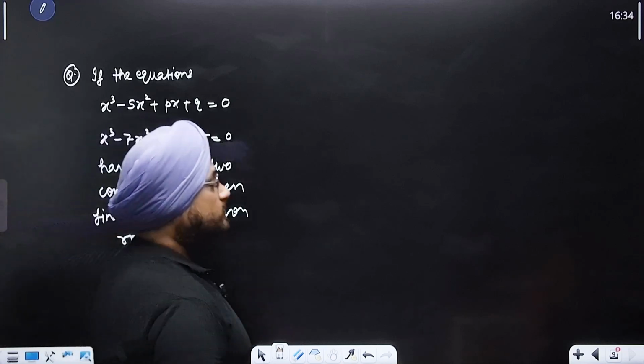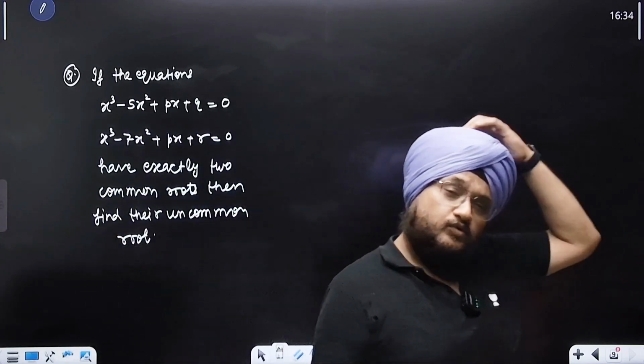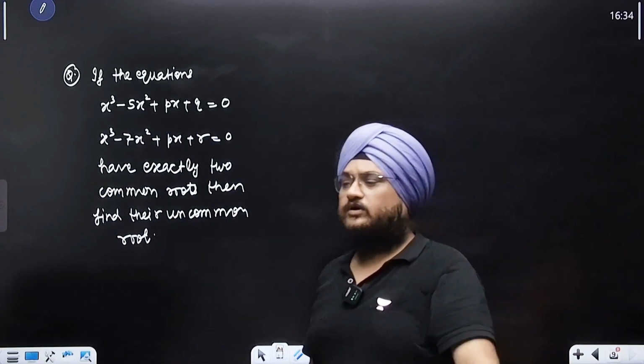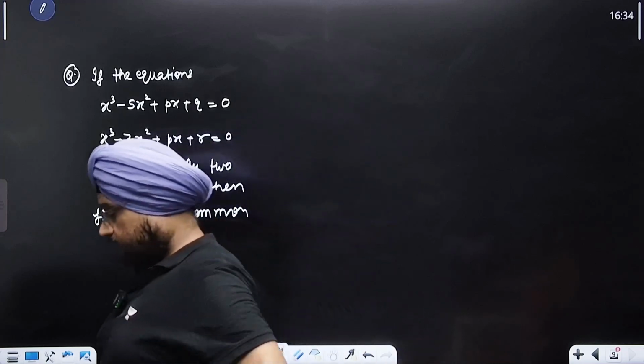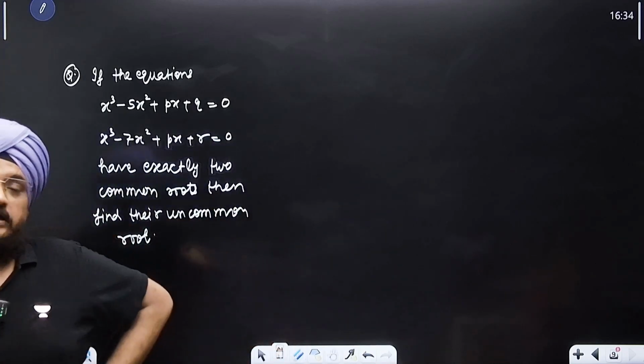Now two cubic equations are given and both these equations have exactly two common roots, and we have to find the uncommon root.